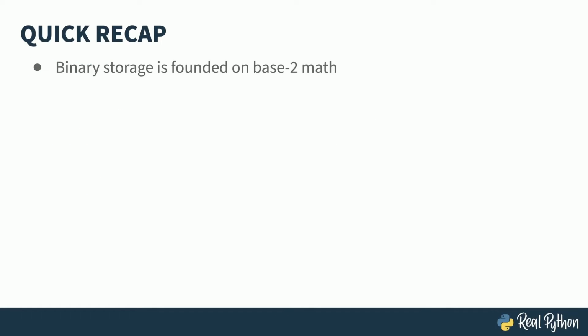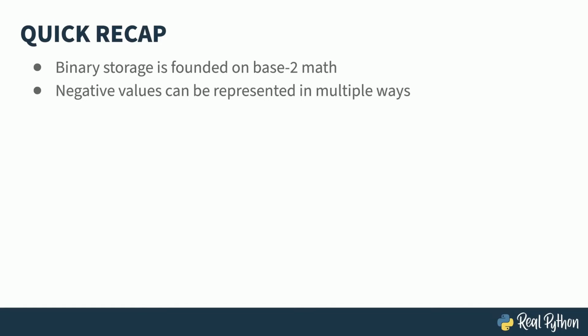This course has a lot of theory in it, and in case you skipped straight to the Python stuff, here is a quick recap. Binary storage is founded on base 2 math, with each bit in a binary value representing a power of 2. Negative numbers can be stored in several different ways, the most common of which is called 2's complement representation.